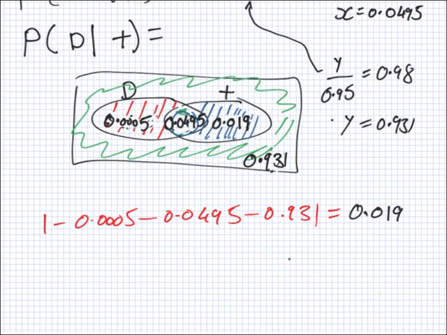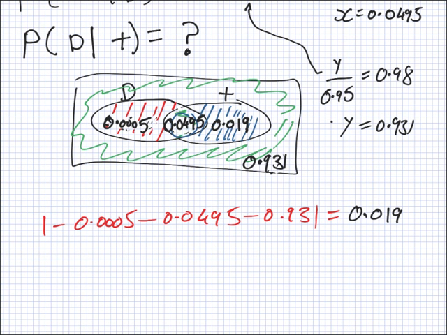So now we can answer the question I wanted here. What's the probability that you have the disease given that you test positive? That's disease and positive. So what's disease and positive here? 0.0495 over positive.